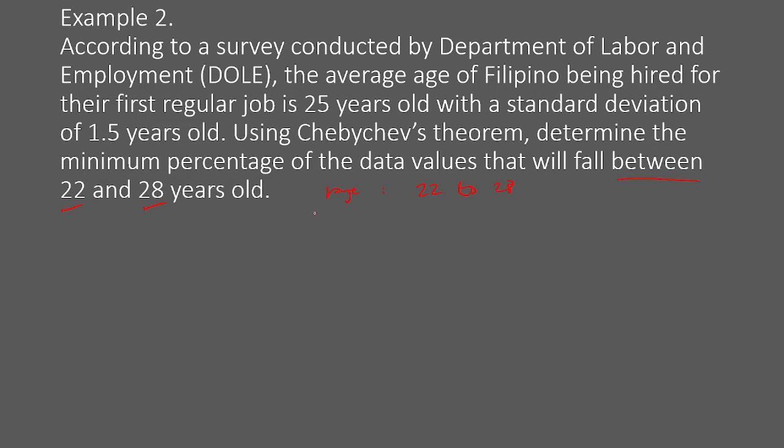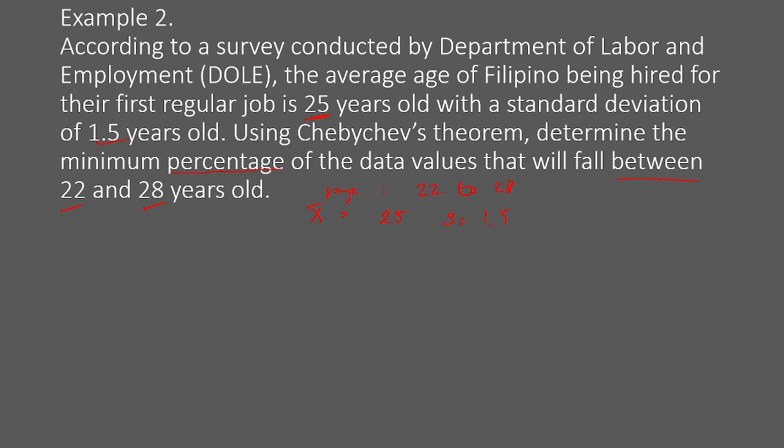Then we have here a mean which is 25 years old, and the standard deviation s, which is actually 1.5 years. Okay. So in here, gusto nating makuha yung minimum percentage na bibilang yung ating 22 hanggang 28 years old.